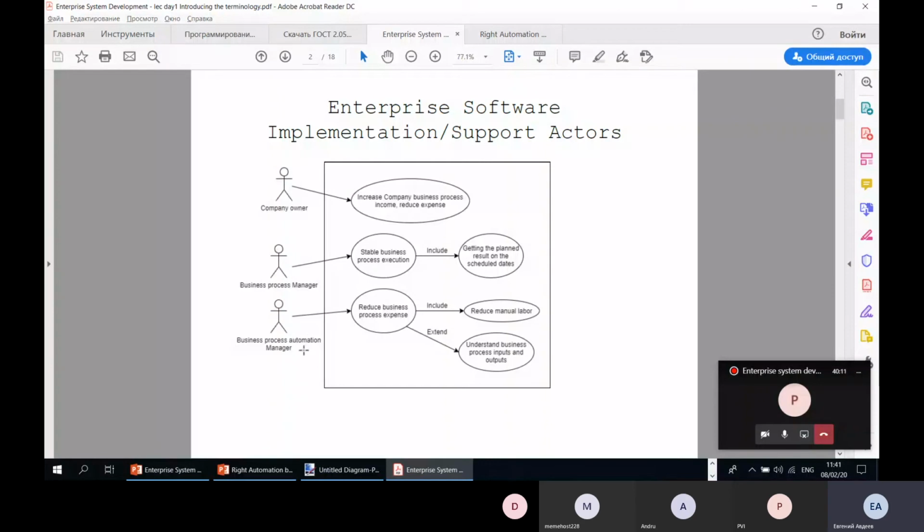Automation managers have to work together with business process managers lots of the time to understand and refine some business processes.